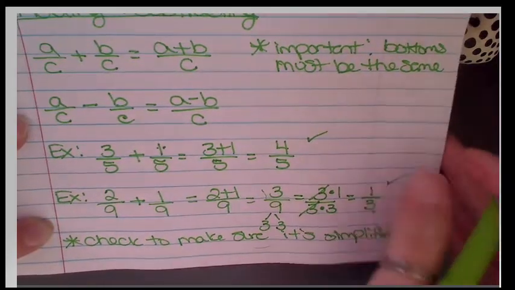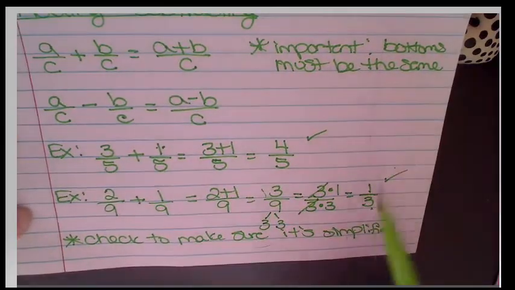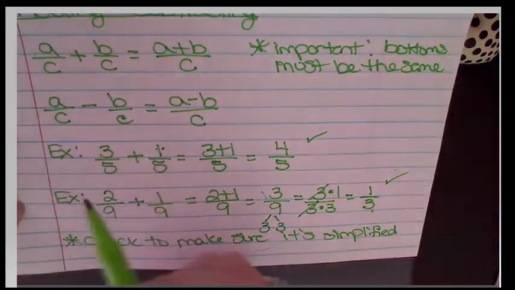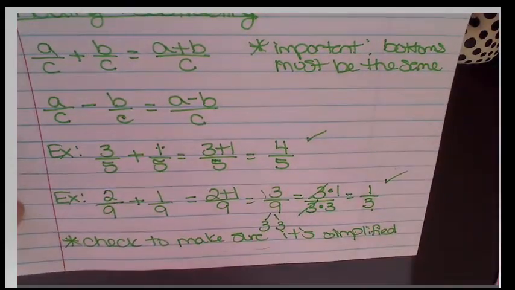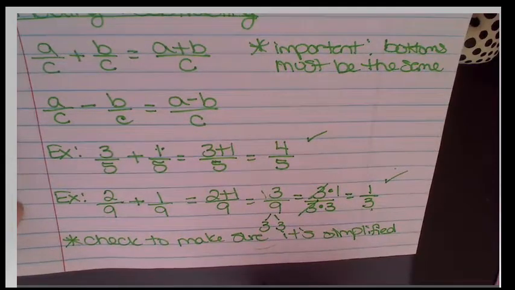Okay, so this was adding and subtracting where the bottoms were the same. Obviously this is math. Math is going to get harder, so what do you do if the bottoms aren't the same? Well, that's what we're going to cover now.